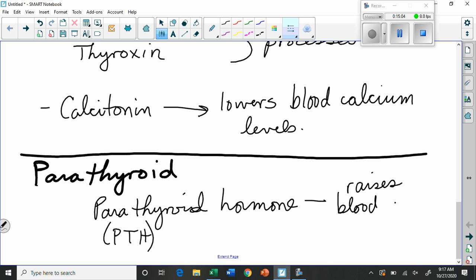When we talk about regulation, we'll use blood calcium as our example, and we'll see how these two glands are working together to maintain a homeostatic level of blood calcium. One making it lower, one making it higher. All right, there's the parathyroid.